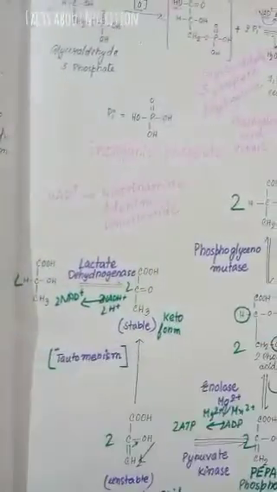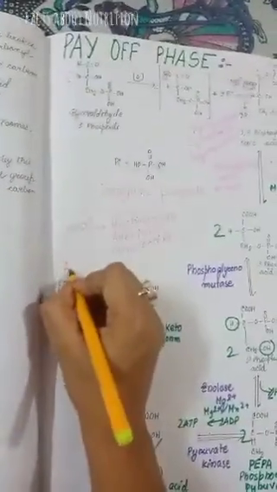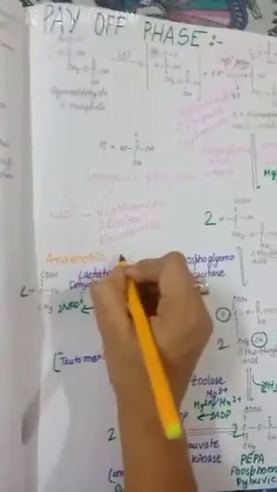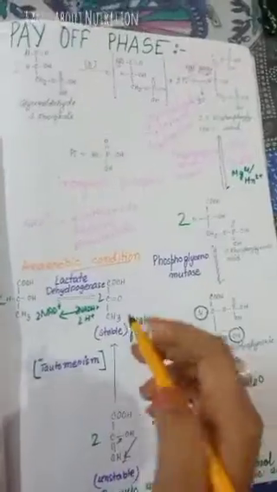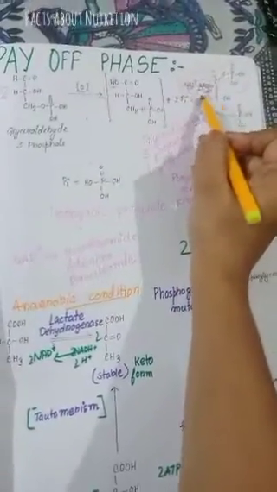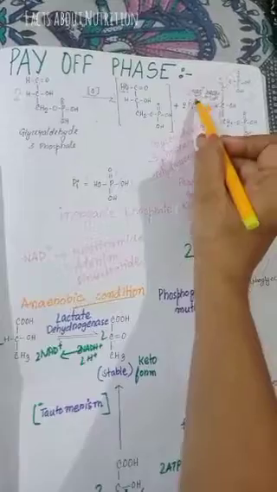So what will happen over here is that in anaerobic condition, when there is no oxygen, here we can see NADH plus H plus is produced. So there is no NAD plus now.